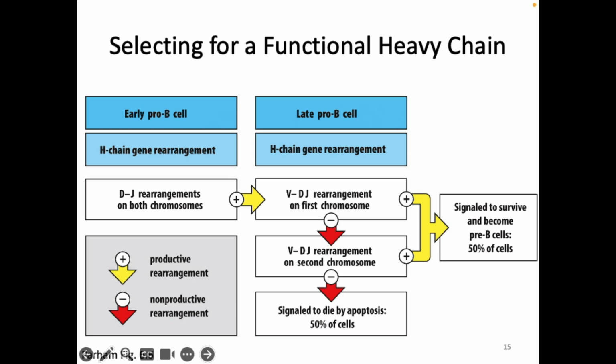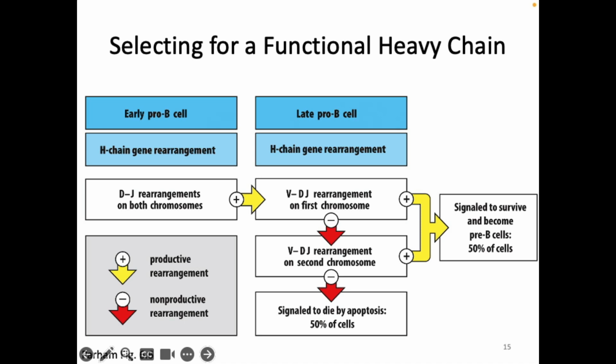Yeah, absolutely. We use both of them at some frequency. It's totally random which one gets used first, which one gets used second. So genetically, you use them all, but each individual B cell uses just one.